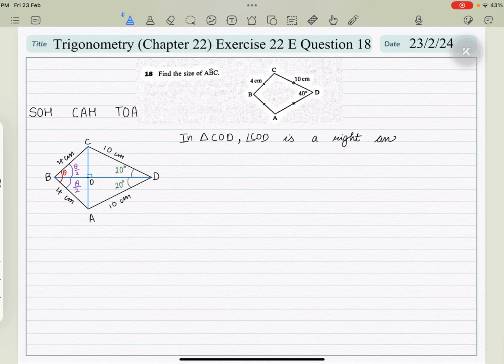Then you also need to say that angle CDO is equal to angle D divided by 2, that is 40 divided by 2, that is 20 degrees. And then you also have to state the reason: because DO is the altitude of the isosceles triangle.